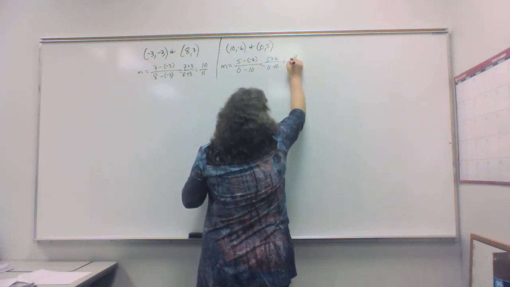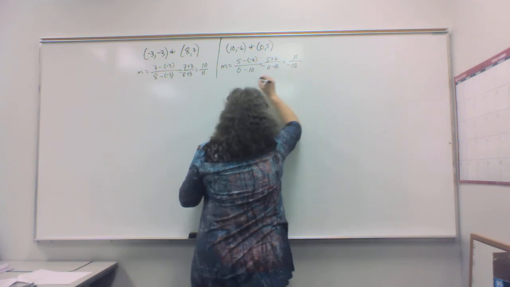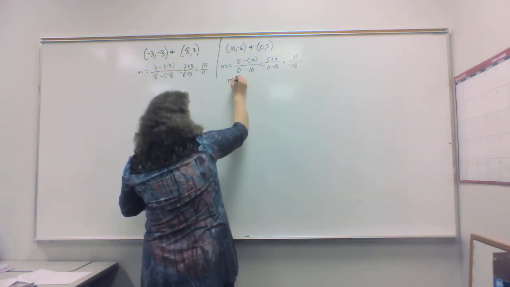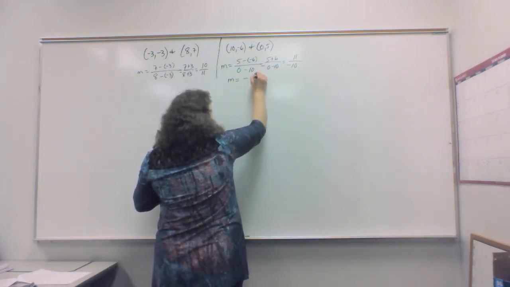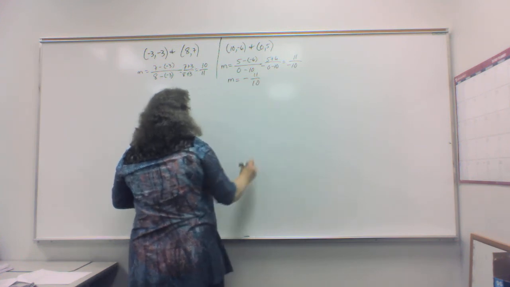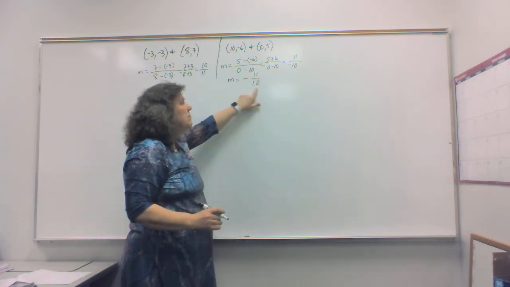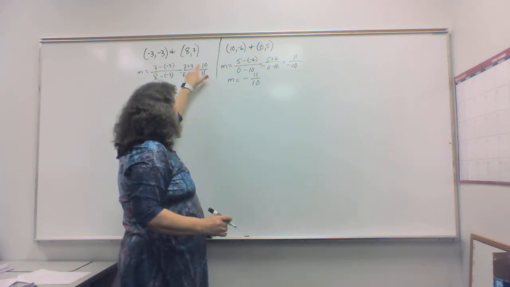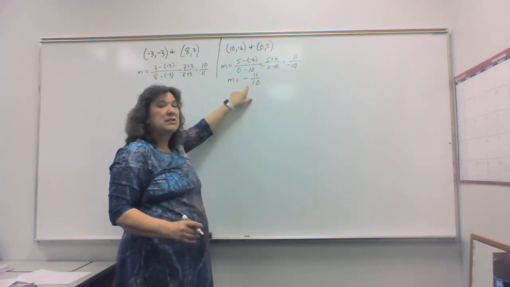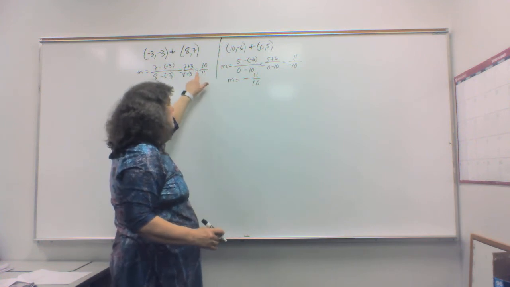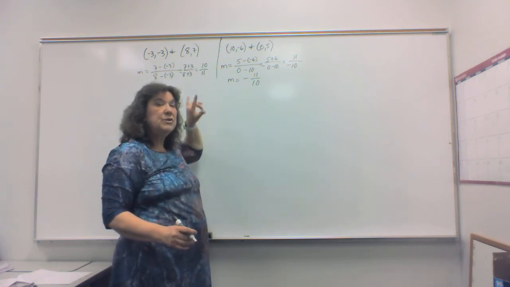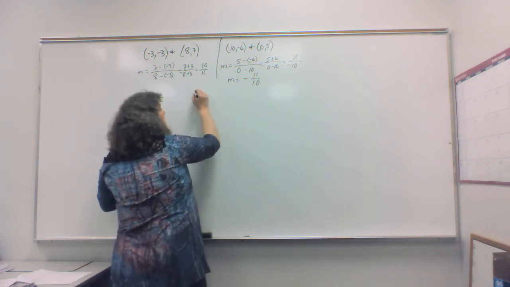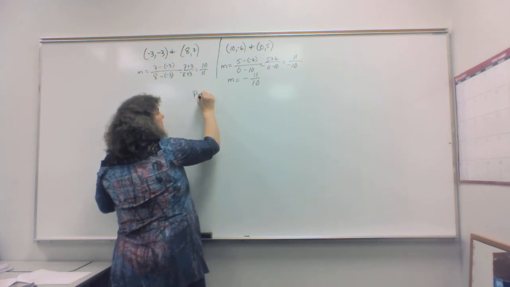That gives me 11 over negative 10, which means my m is equal to negative 11 tenths. Notice, same numbers, only reciprocals of each other. 10 11ths, 11 tenths, those are reciprocals, positive, negative. So according to my slopes, this one is actually perpendicular.